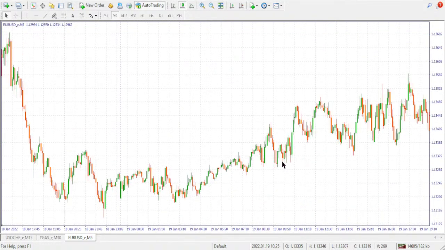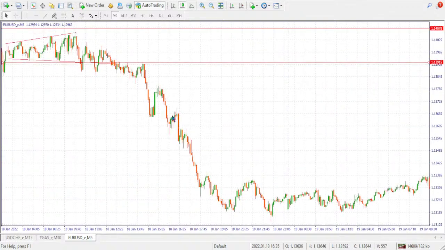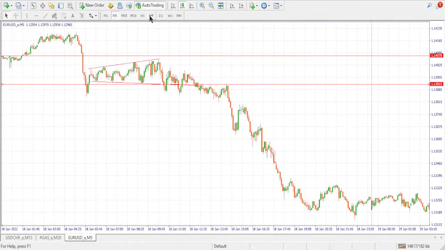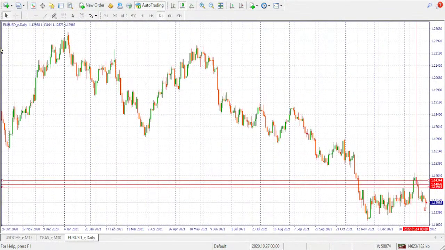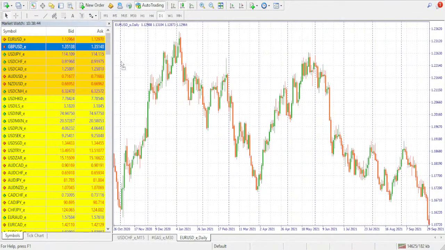Okay. So we look at the next one. Let's see. Go to the daily chart and then we check GBP USD.